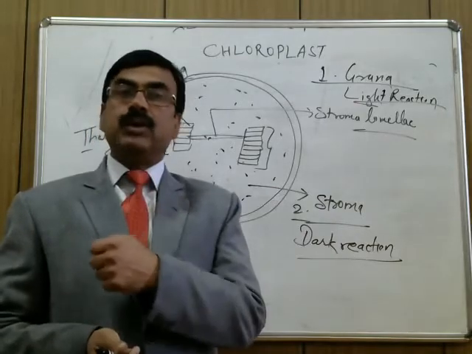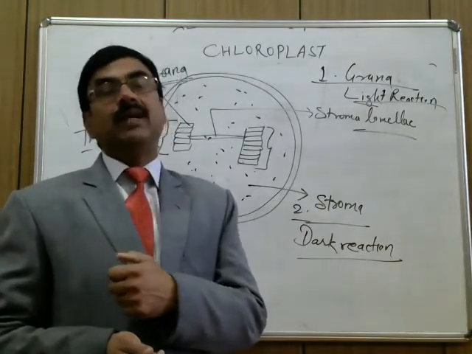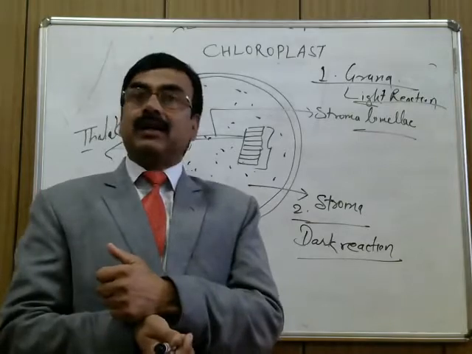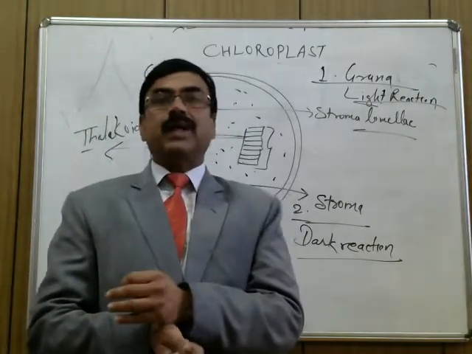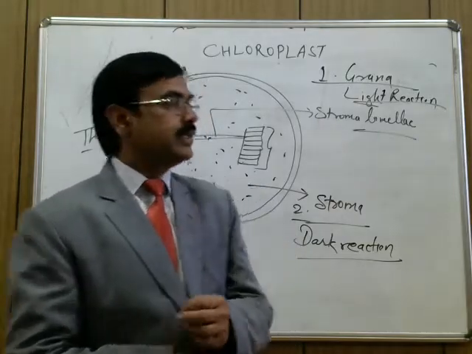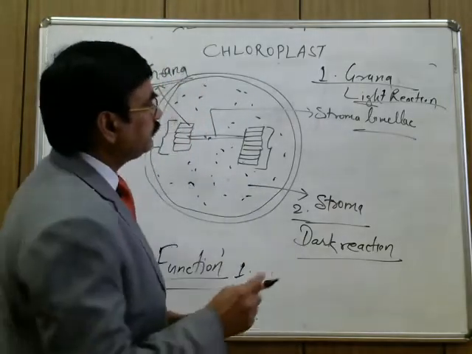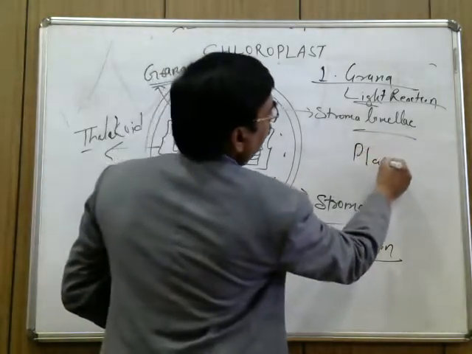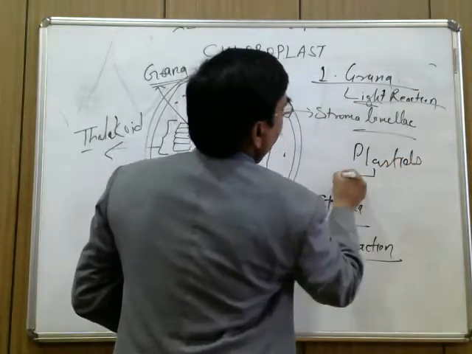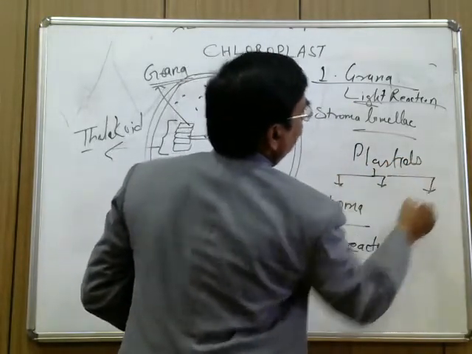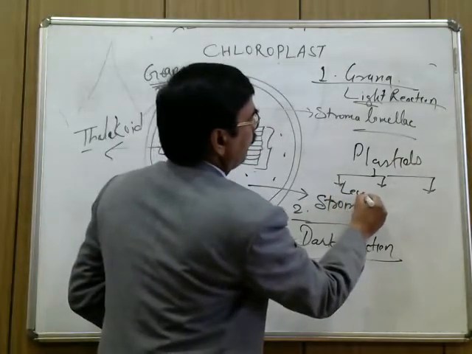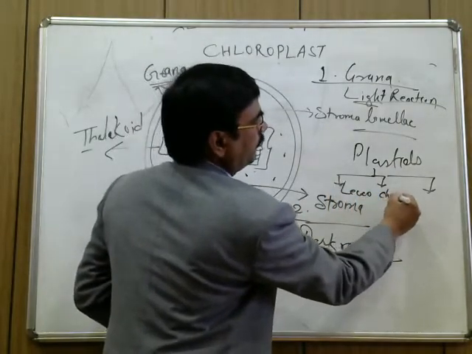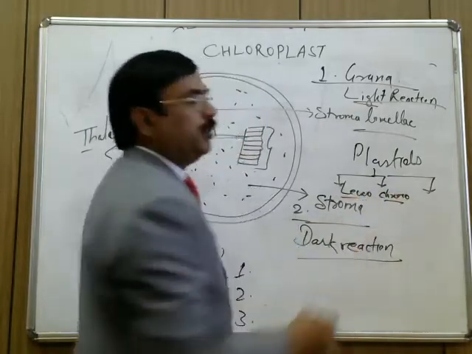Number 1 leuco, number 2 chromo, and number 3 green color pigments are present, that is called chloroplast. There are three types of plastids: number 1, leucoplast, chromoplast.